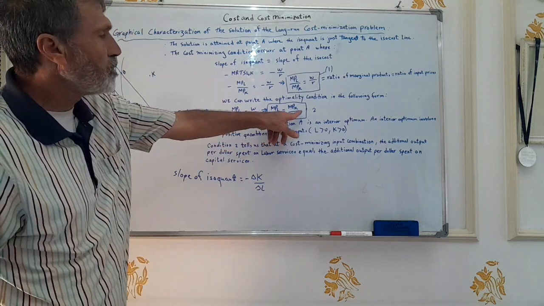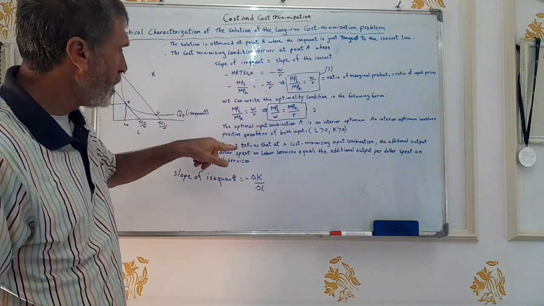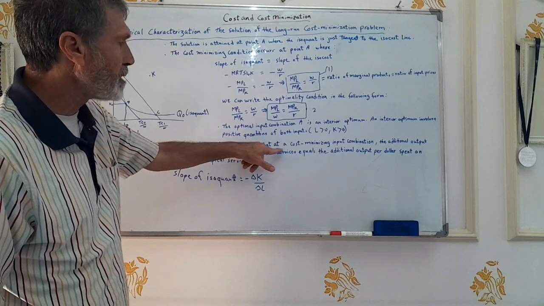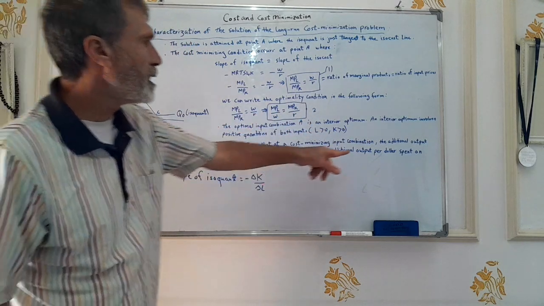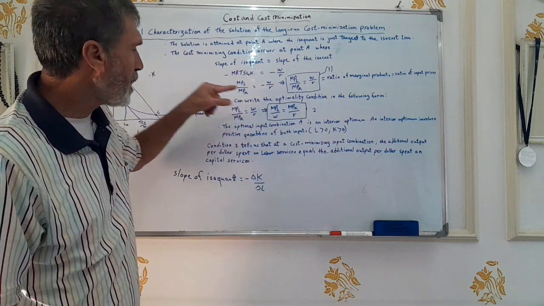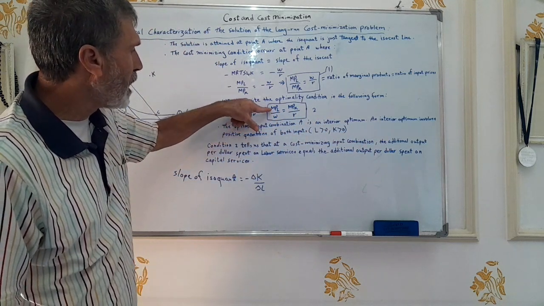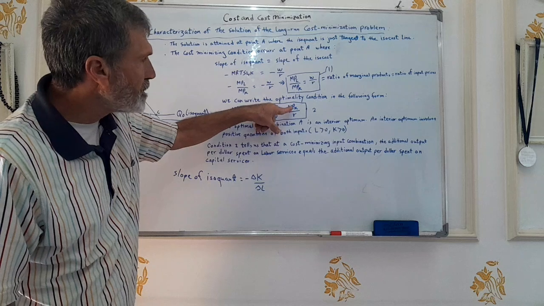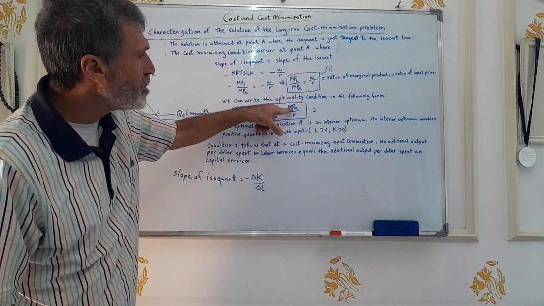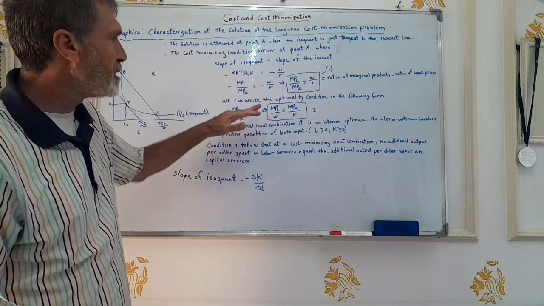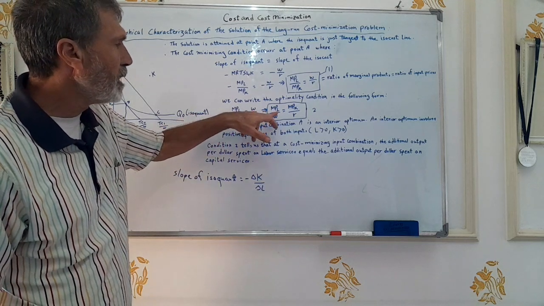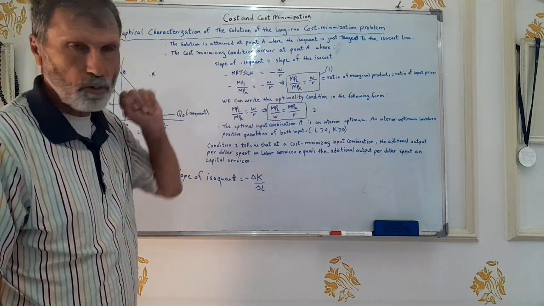Now, what does condition 2 tell us? Condition 2 tells us that at a cost-minimizing input combination, at point A here, the additional output per dollar spent on labor services is equal to the additional output per dollar spent on capital services. This is what condition 2 means, and it is derived from condition 1 over here.